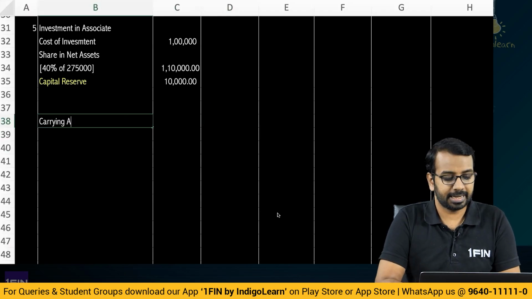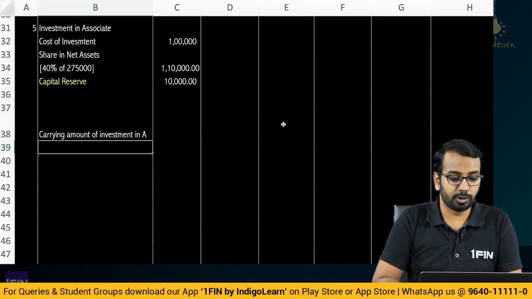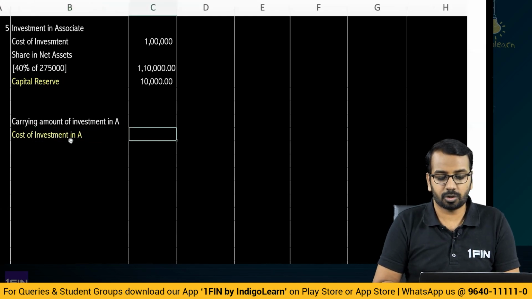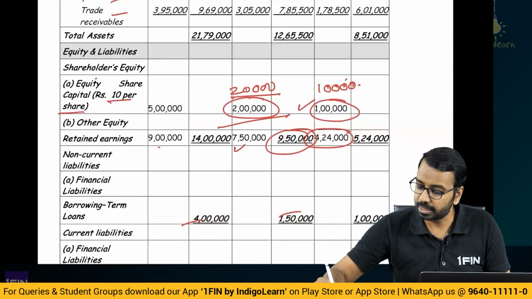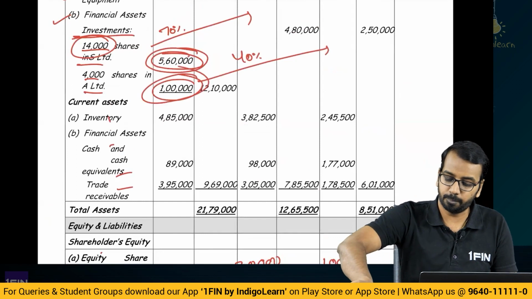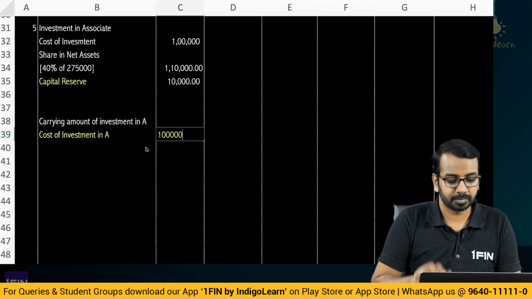Now, we have to see what is the carrying amount of investment in A. Okay. Now, for this what do we do? We take cost of investment in A, and how much is the cost of investment in A? If we come back to the question, cost of investment in A is 1 lakh. Okay.